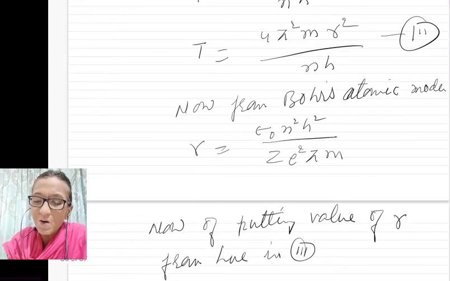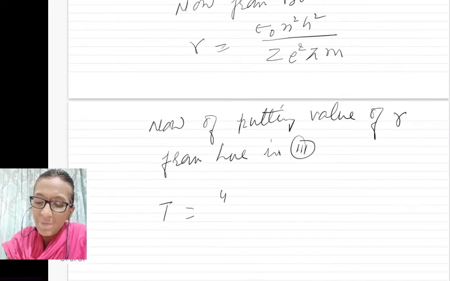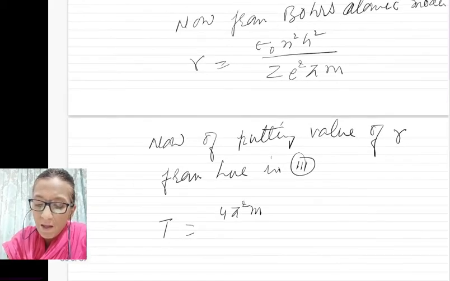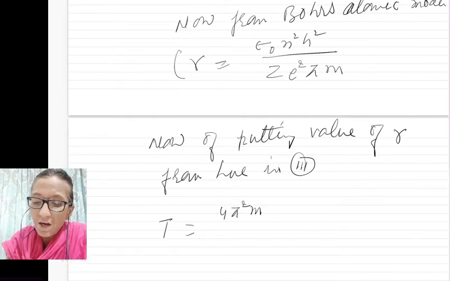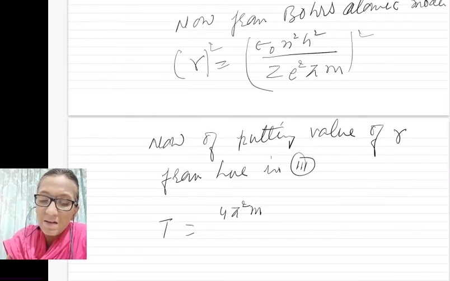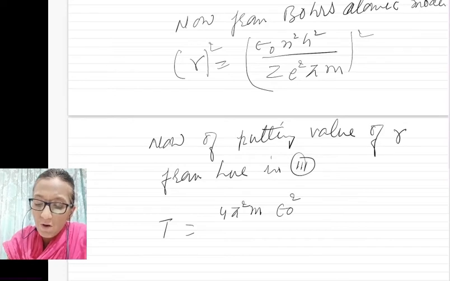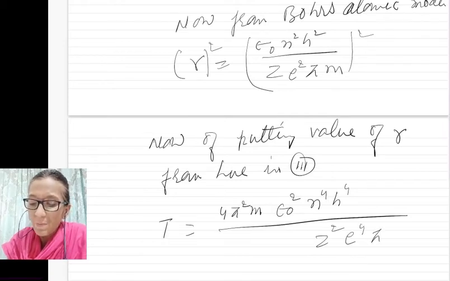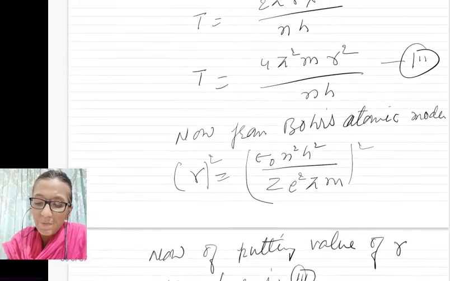So this is your 4 pi square m and r square. What is r square? Just square this quantity. So it will be equal to epsilon naught square n power 4 h power 4 divided by z square e power 4 pi square m square.